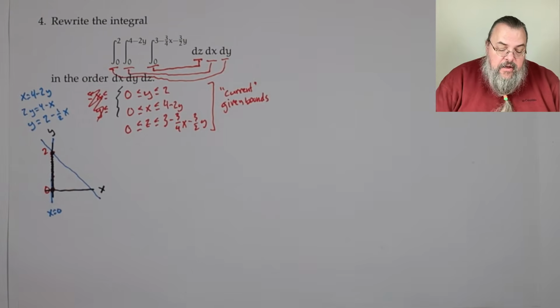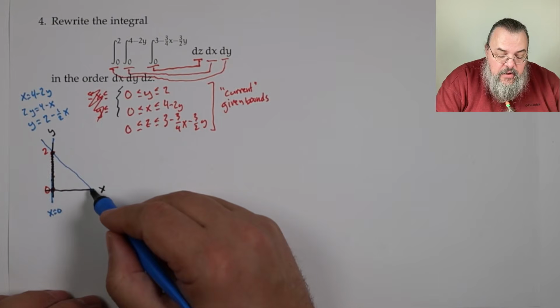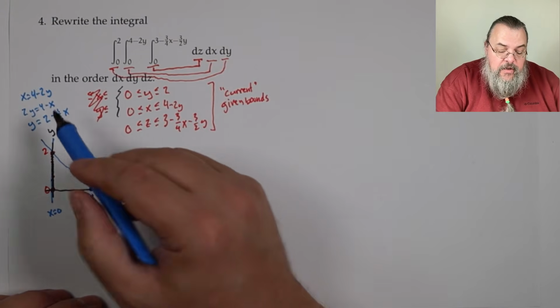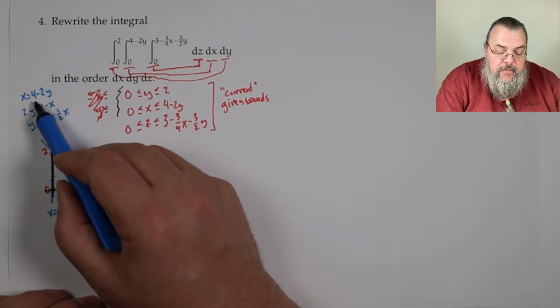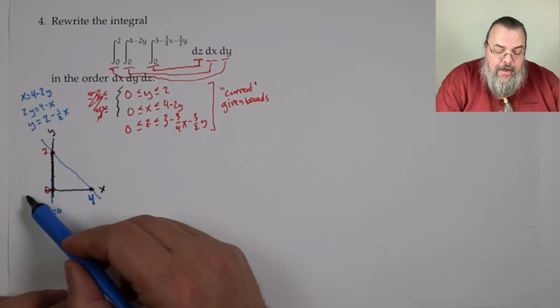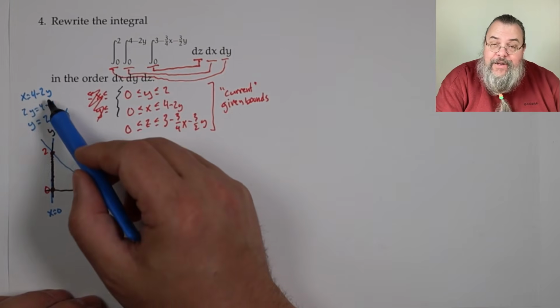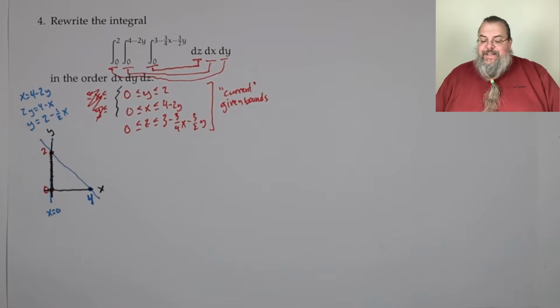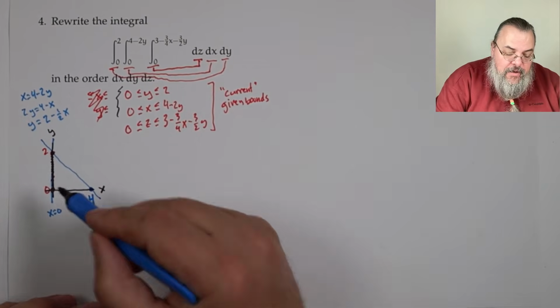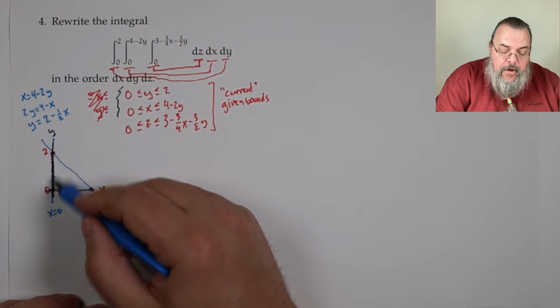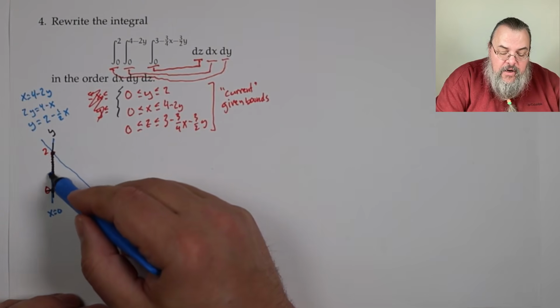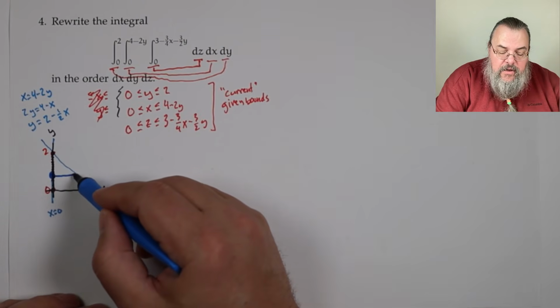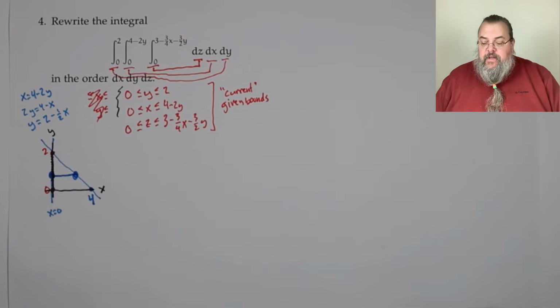And so where do we hit? Well, we're going to hit here at 4. You can figure that out by just saying, if x equals 4 minus 2y, at y equals 0, what's your x value? It's 4, right? 4 minus 0. Okay, and what's happening? Well, for any value of y between 0 and 2, we start at the low value and go to the high value.